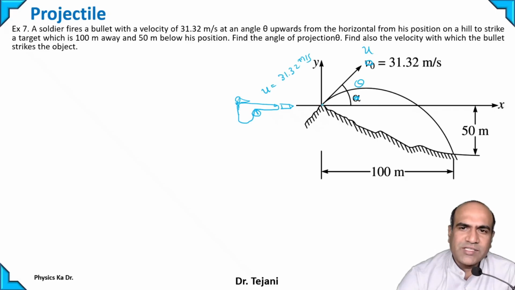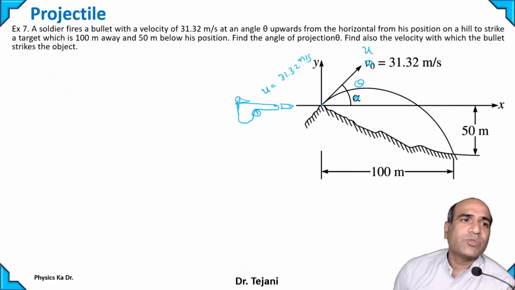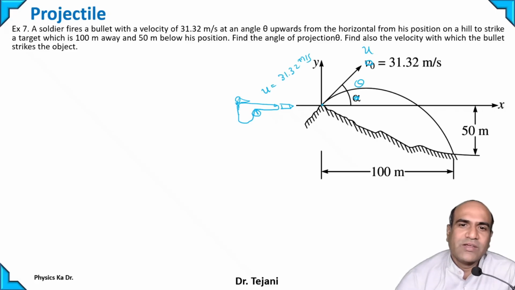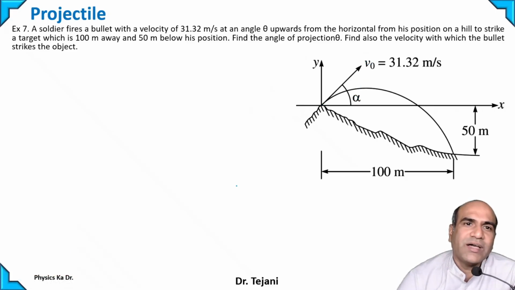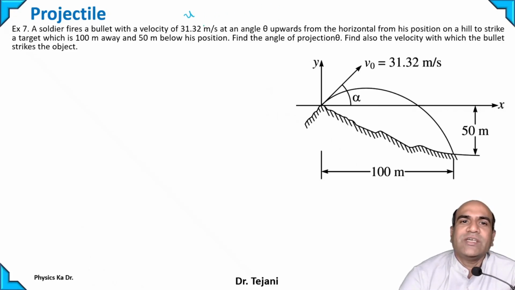So the soldier is here at some height, upward from the horizontal, from his position on a hill to strike a target which is 100 meters away. Let's again recollect the story. A soldier fires a bullet with an initial velocity u of 31.32 meter per second at an angle theta upward from the horizontal.